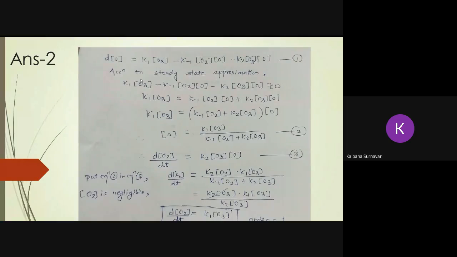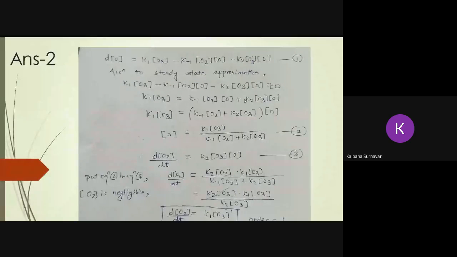So here we can apply the steady state approximation to equation number 1. That's why this left term is equal to 0. Just rearrange the equation as K1 into concentration of O3 minus K minus 1 concentration of O, and we put the left side equal to 0.